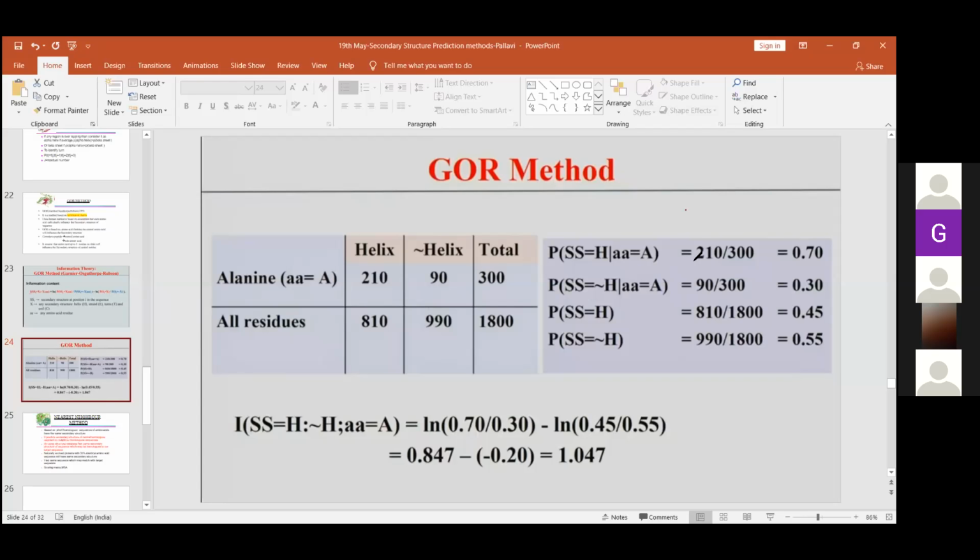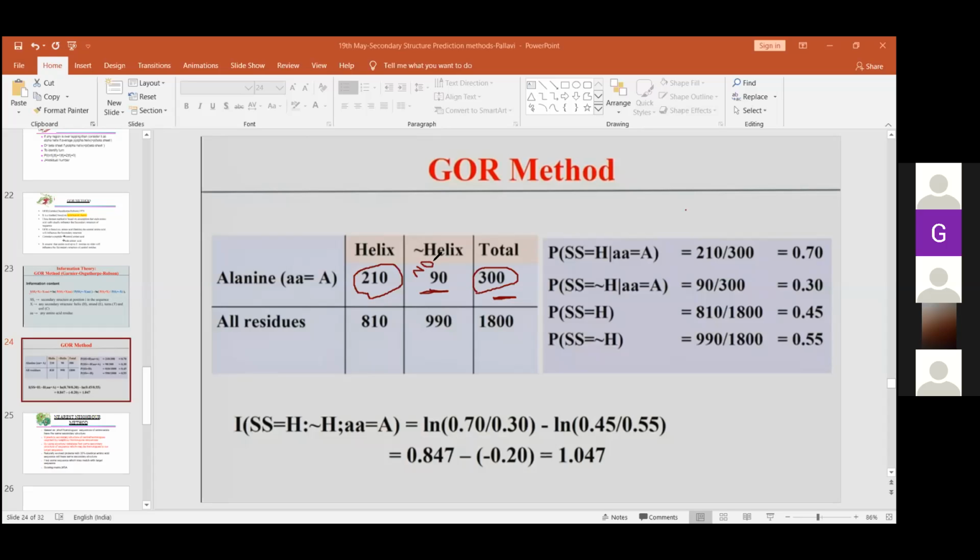The total number of alanine present in the protein was 300, right? And out of these 300 alanine, it was seen that 210 alanine residues are forming helix. So if out of 300, 210 are forming helix, that means the remaining 90 are not forming helix.